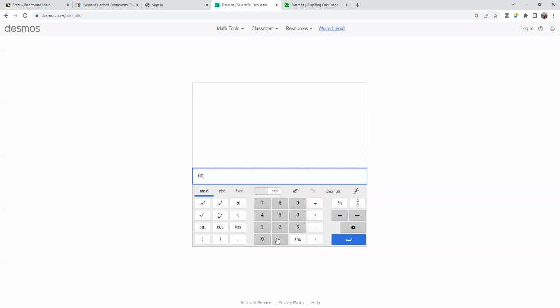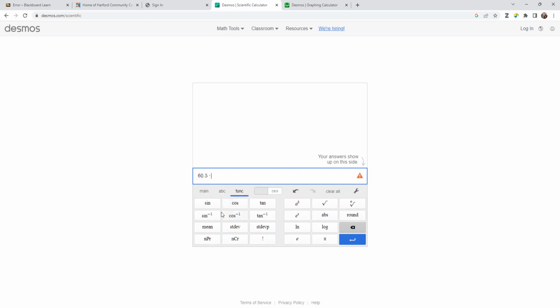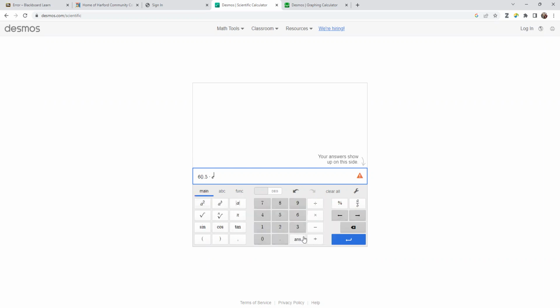So I have 60.5 times e to the... Okay, I guess we have to do the exponent first. So let's do 0.0145 times 17.